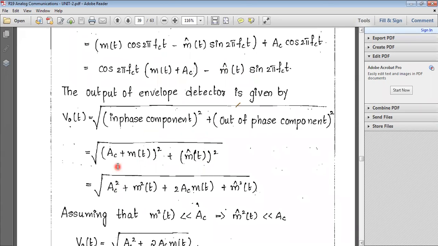So now you expand in terms of a plus b whole square. We got AC square plus m square t plus 2AC m of t, plus, for squaring of this component, it becomes m cap square t.